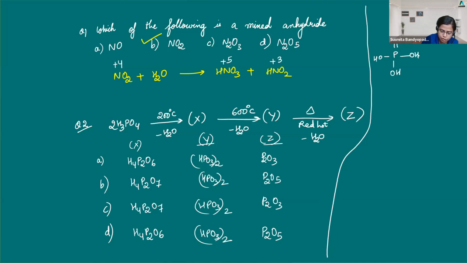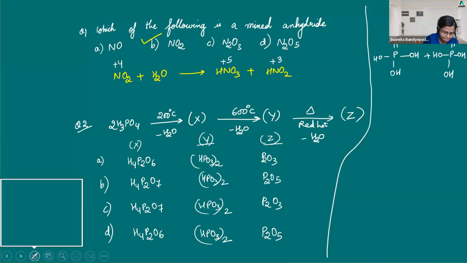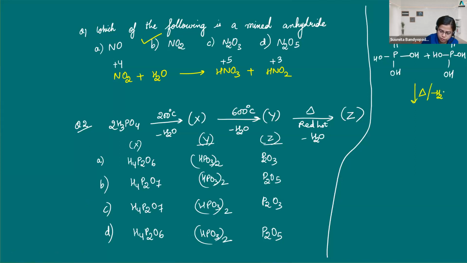I'm drawing H3PO4, two molecules of it. On heating, when it loses a water molecule, we get H4P2O7.